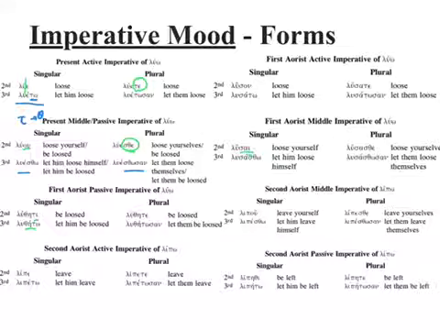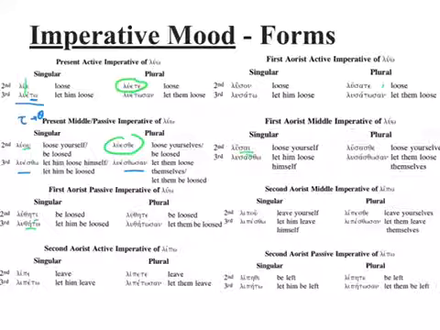I do want to point out the hard part is the second plural of all these. Well, besides aorist, I guess, because aorist doesn't have the epsilon. But in the present tense, it's going to be exactly the same as the indicative.